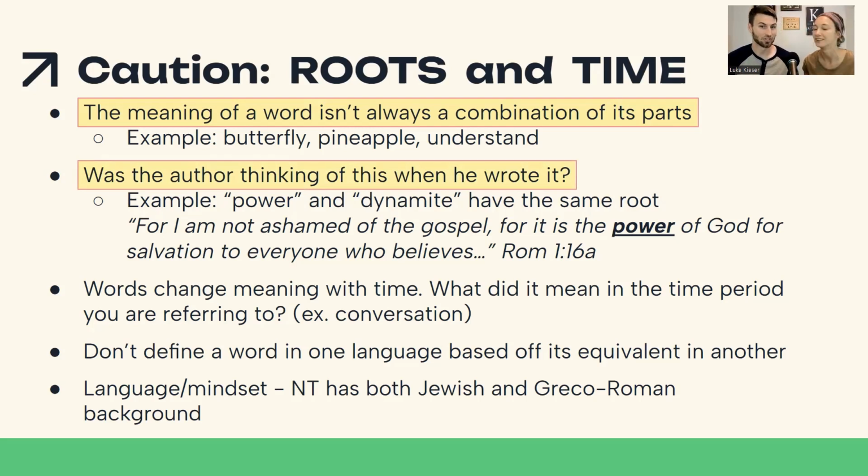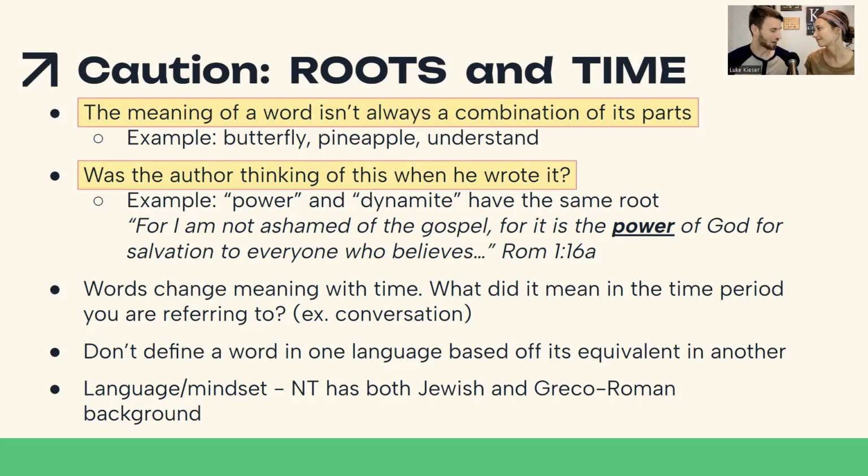Yes. So you'll often hear that the Greek word dunamis is the root of our English word dynamite. But what does dunamis mean? Power. Okay. That makes sense. That's how dynamite derives. Yeah, for sure. And so people often say, like in Romans 1:16, "For I am not ashamed of the gospel, for it is the dynamite of God." Which is explosive and destructive and wasn't even in existence when Paul was writing this. So we can't assume that.